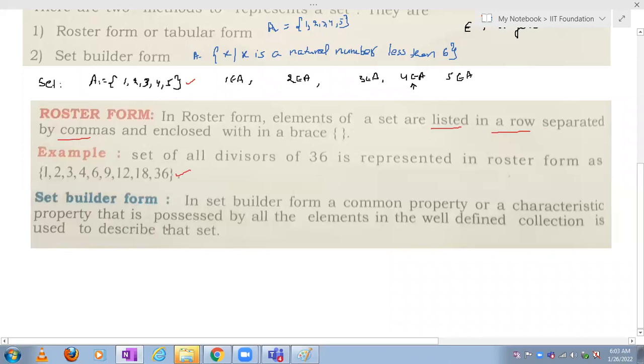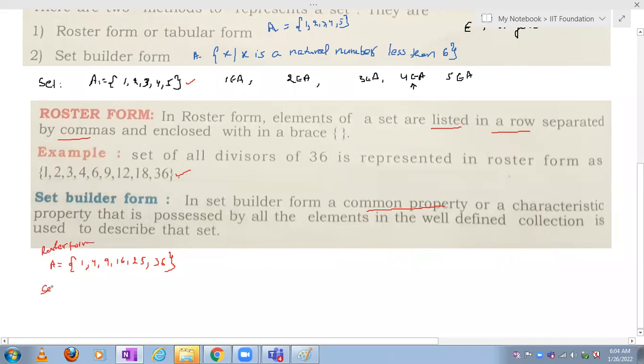In set builder form, we have to write the common property, the characteristic property. This is the common property: x is a natural number less than 6. Suppose we are writing A is equal to the set 1, 4, 9, 16, 25, 36. This is in roster form.